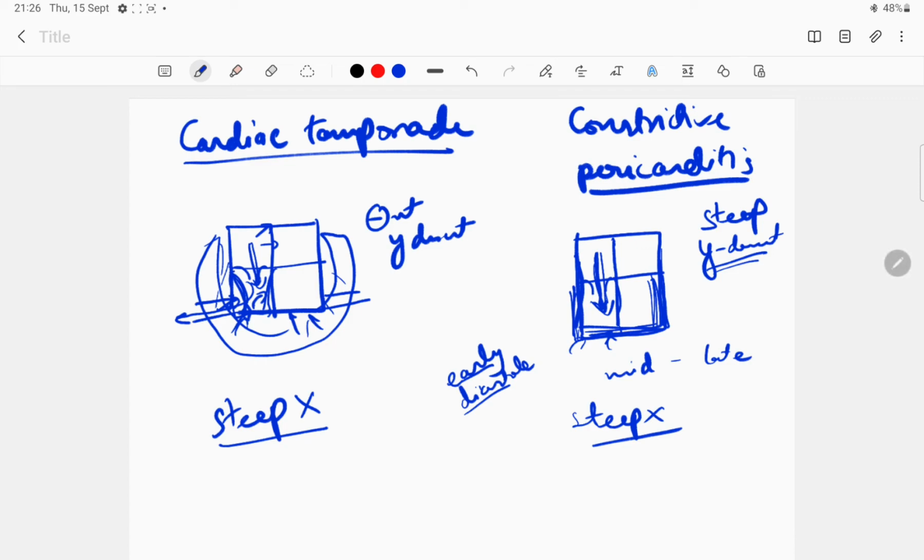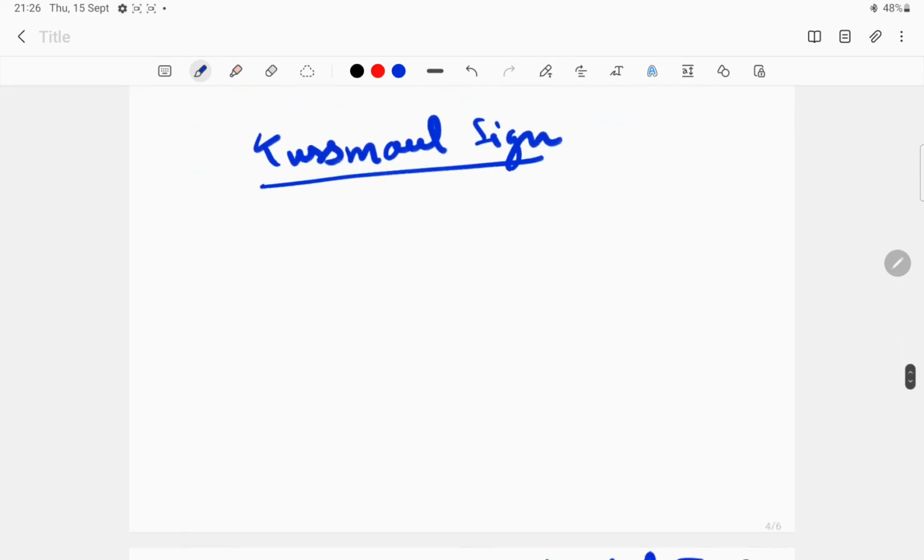So what will happen is that the tricuspid or mitral valves will go down, and there will be more space for the atrial relaxation. So there will be steep X in both these cases.